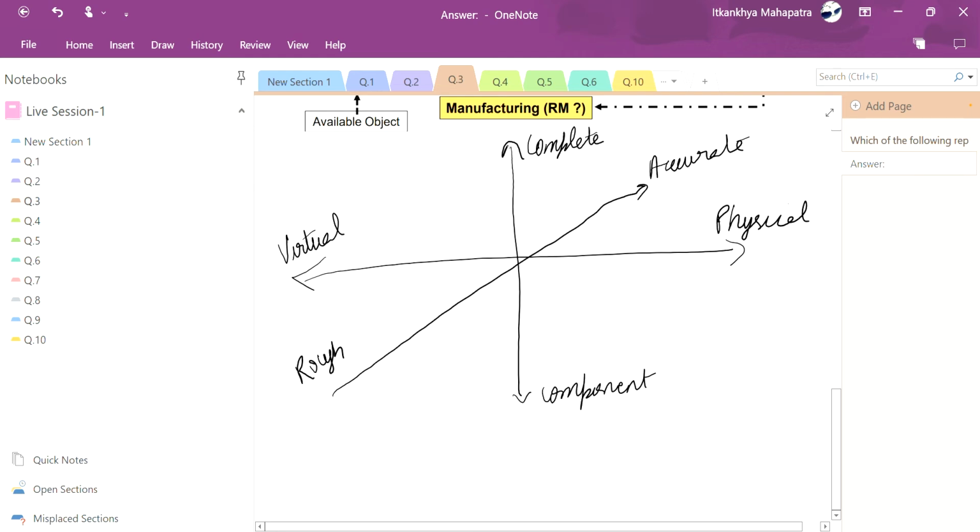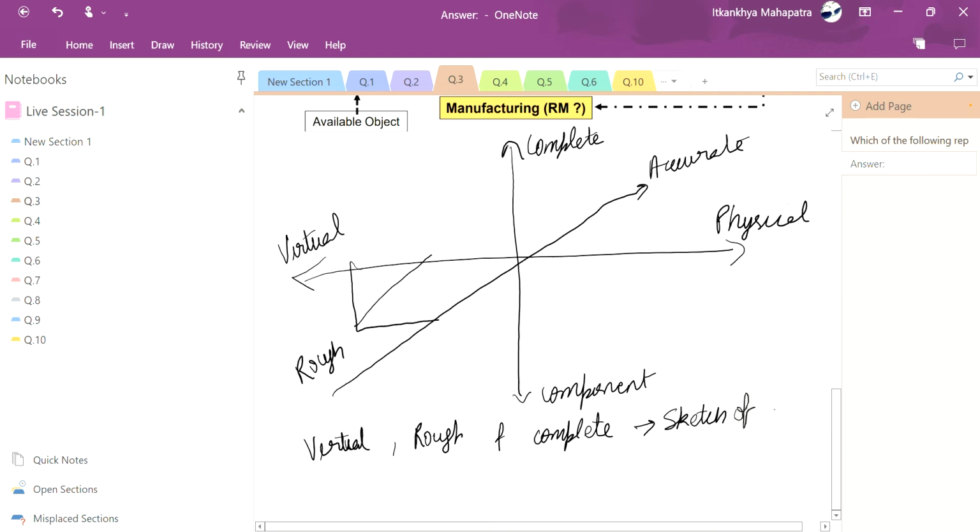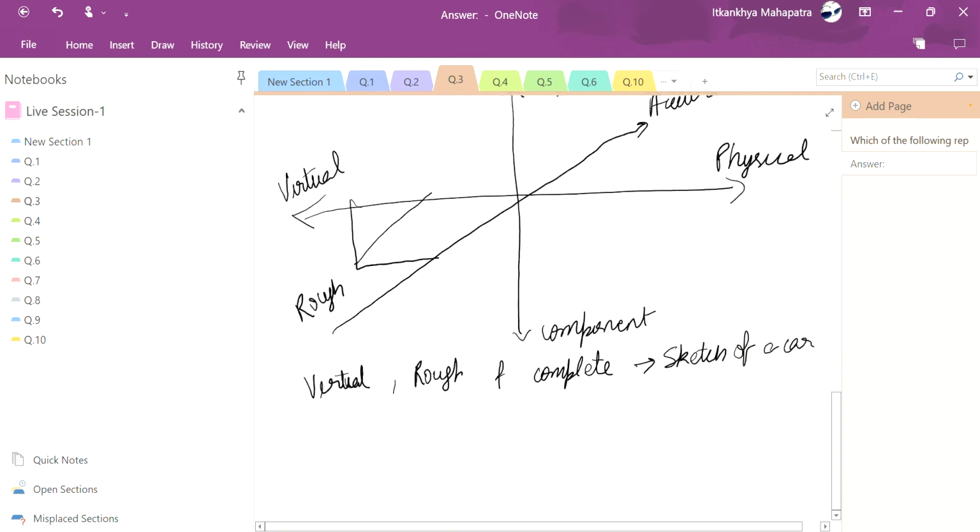When we have a sketch, virtual, rough and complete, this is an example of a sketch of a car, and this is virtual prototyping.